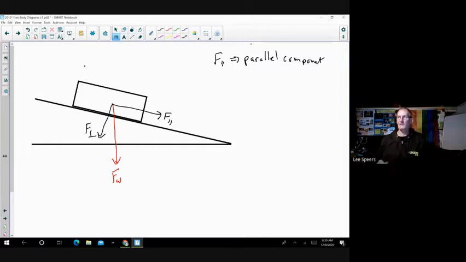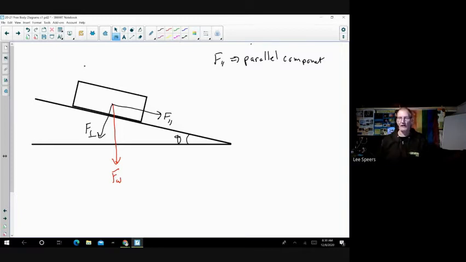But this time the angle isn't from the x-axis. It's the angle of incline, or the angle that the inclined plane is tilted from 0 degrees, how much it's lifted upward.